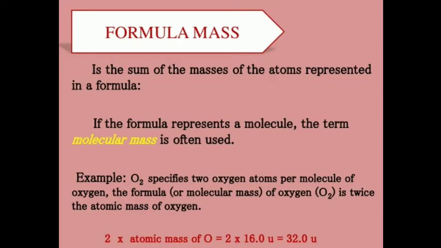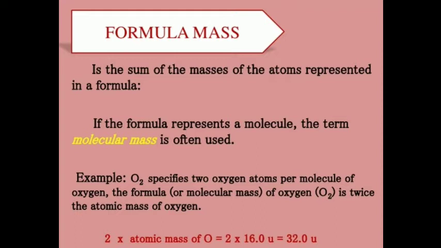I have told you, whenever you are calculating the mass of a compound, then add up the atomic mass of all the elements present in that compound. Similarly, when we are talking about an element, suppose oxygen molecule. So oxygen is diatomic and the atomic mass of oxygen is 16.